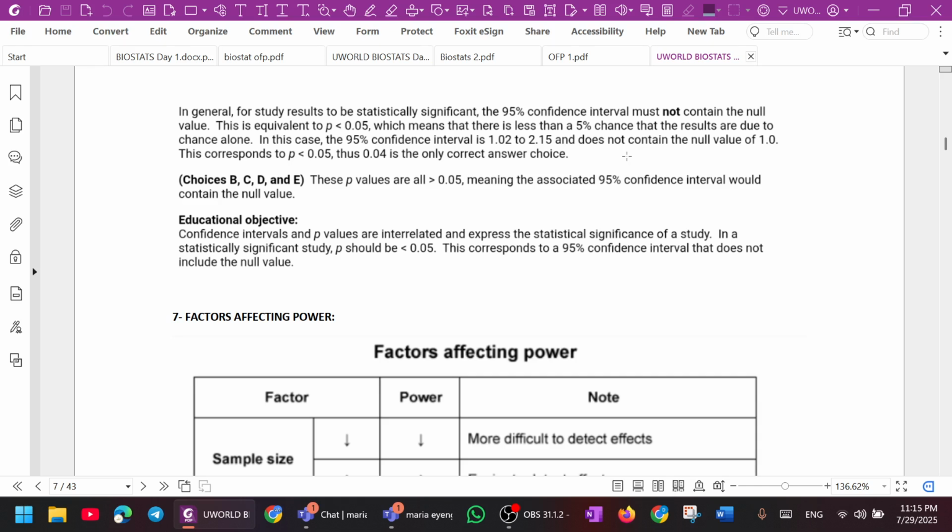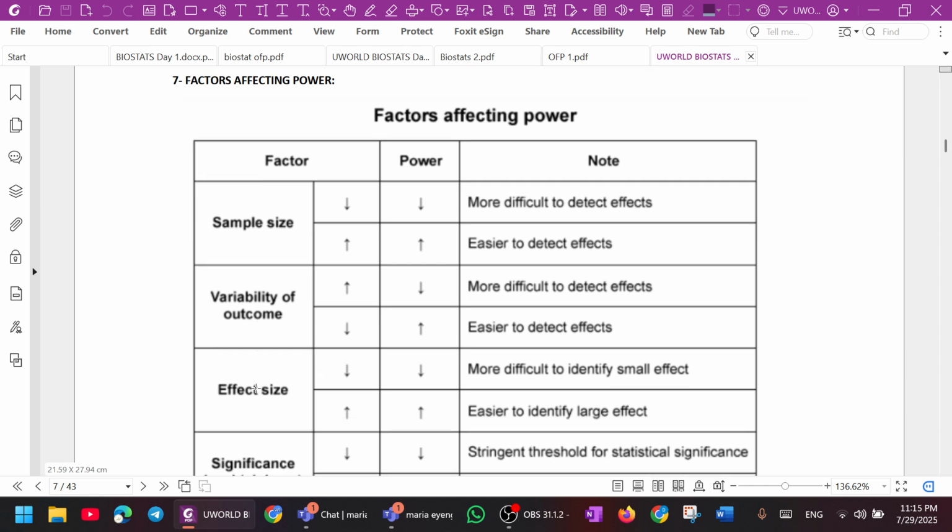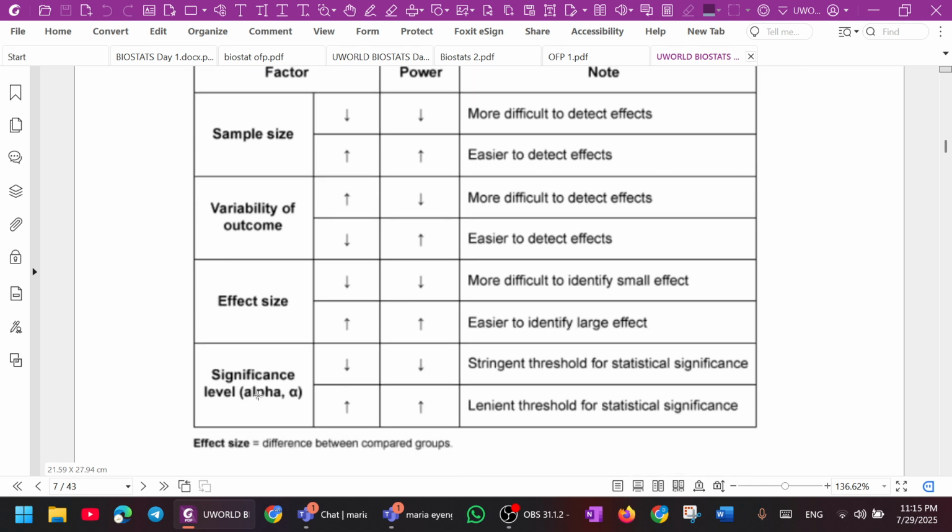In a statistically significant study, p should be less than 0.05. This corresponds to a 95% confidence interval that doesn't include the null value. Okay? Does it make sense? Yes, makes sense.